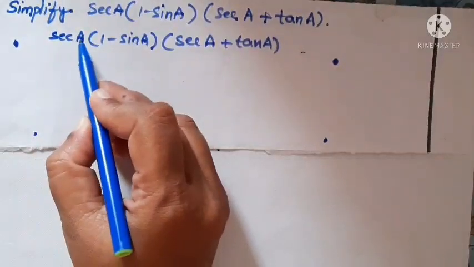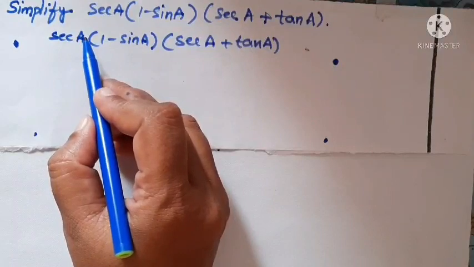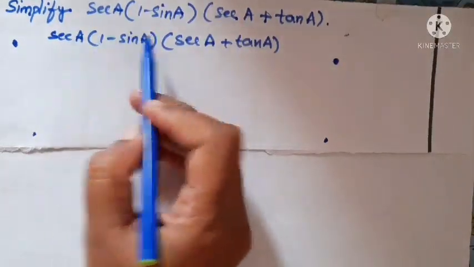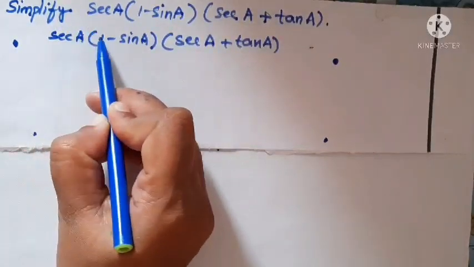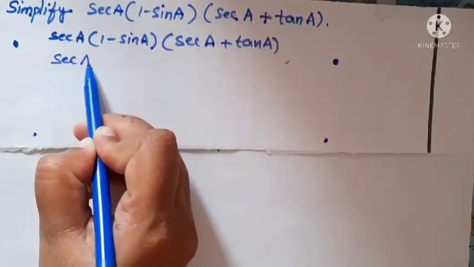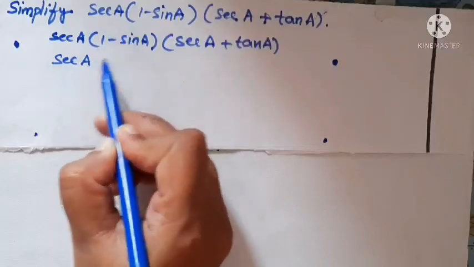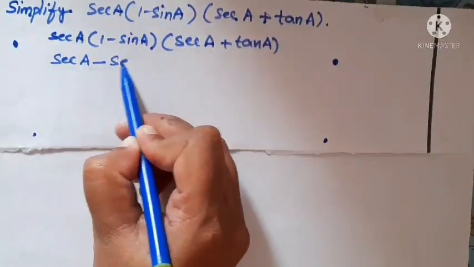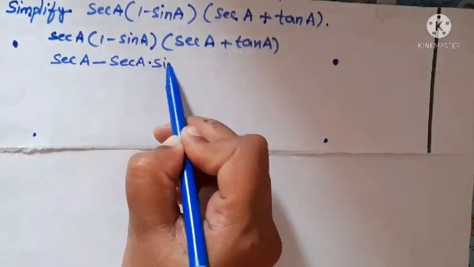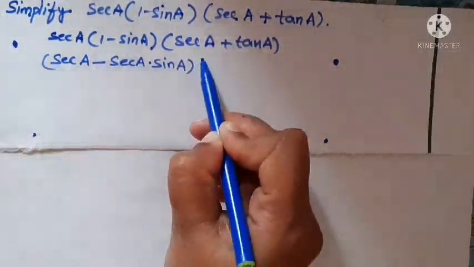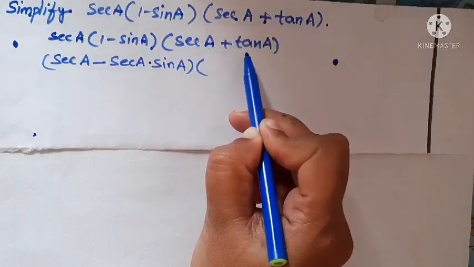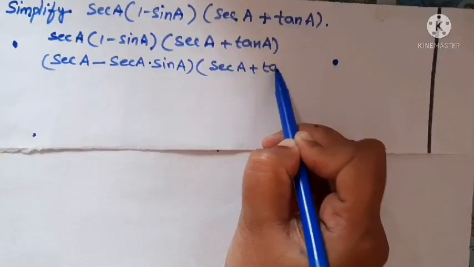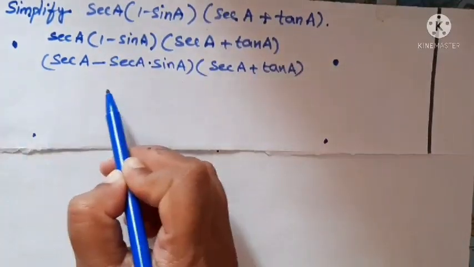Now just multiplying secant a with 1 minus sin a. See here, secant a into 1, secant a into sin a, plus into minus, minus secant a into sin a. And now this is 1, write as usual, secant a plus tan a.